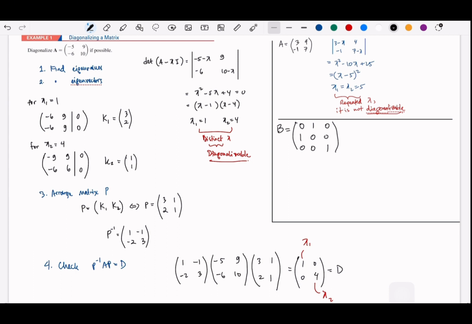Now, if we check the eigenvalues through its determinant, which we can find through row 1, row 2, or row 3, you can check later, this will give you lambda 1 is -1, lambda 2 equals lambda 3 equals 1.